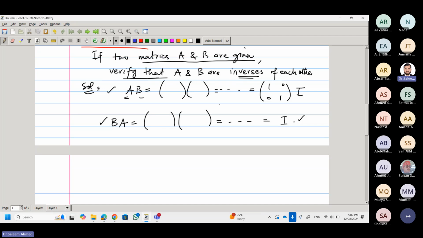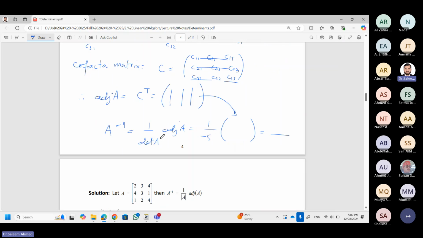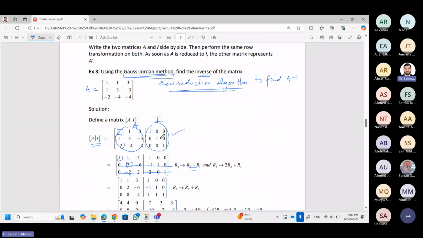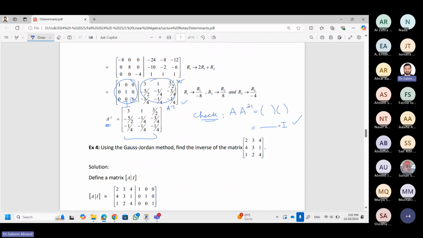But when you find the inverse, to check whether they are inverses or not, only one way is enough because here you found the inverse. So if you just multiply A with A inverse, it becomes identity. No need to check the other one.